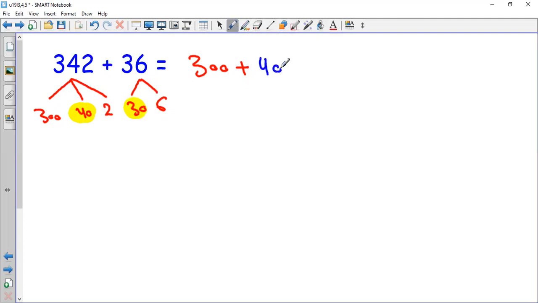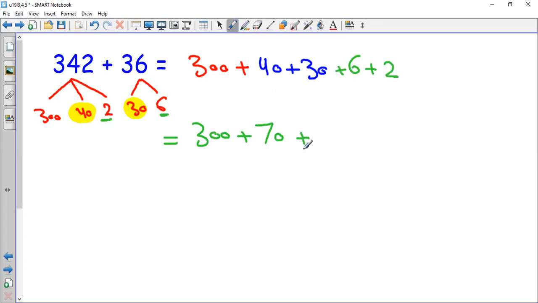I will write 40 plus 30. Then I have 6 and 2, so I will write plus 6 plus 2. Now I have only 300, and 40 and 30 is 70. 6 plus 2 is equal to 8.